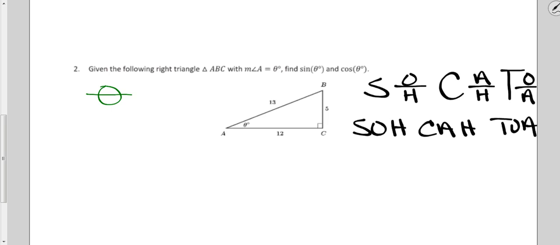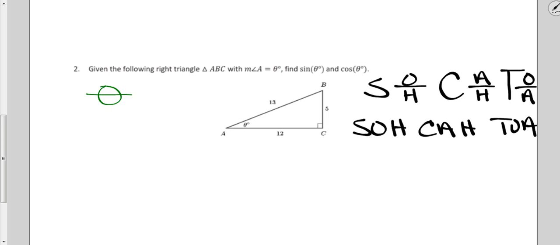Now, what does this mean? What does the S stand for here, Camden? And the C, Isabel. And the T, Jesse. Tangent, thank you. I need your eyes up here, okay? In order to find sine, I take the length of the opposite side.